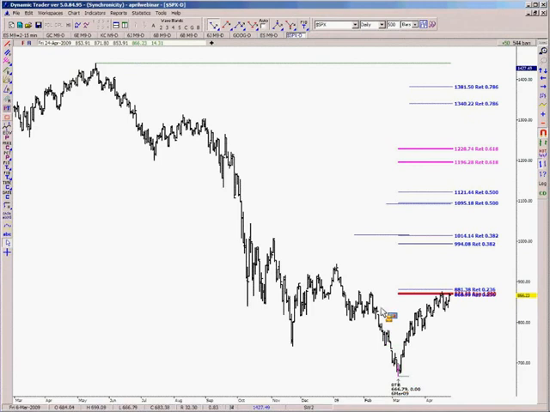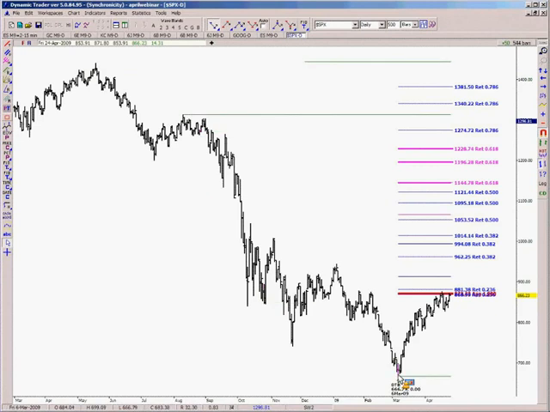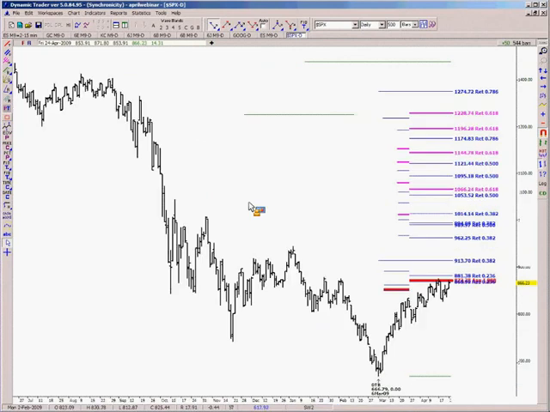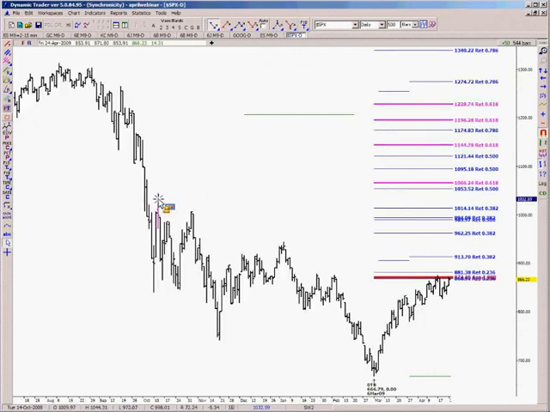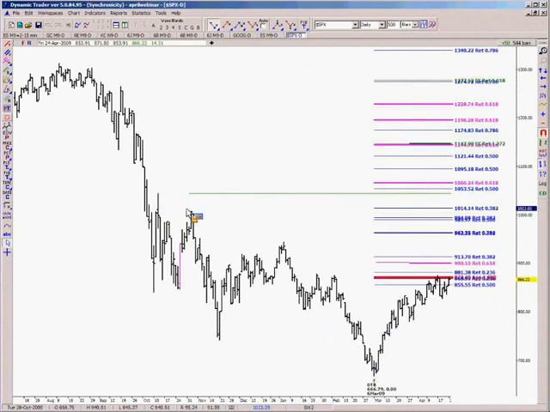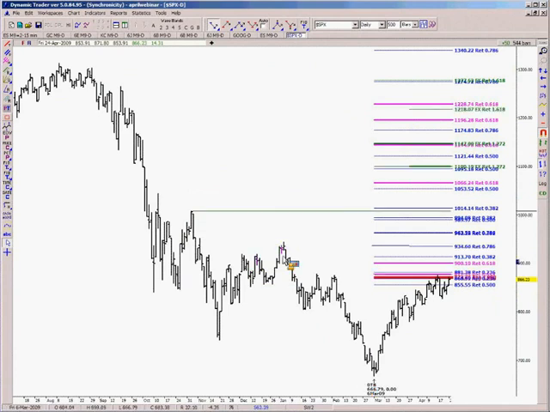Lower high to the low. Another lower high to a low. And then the prior high to low, and a smaller swing within that.